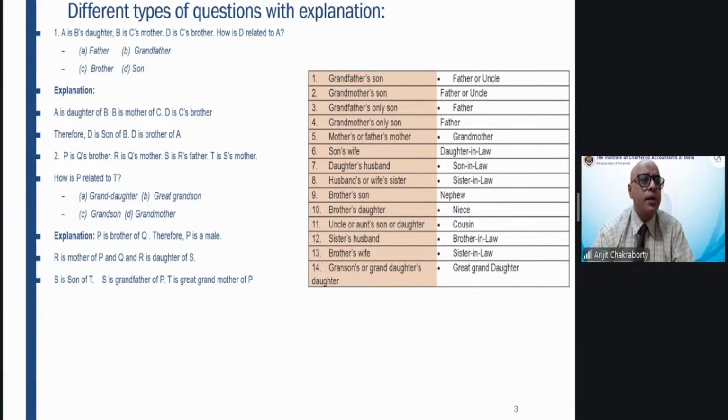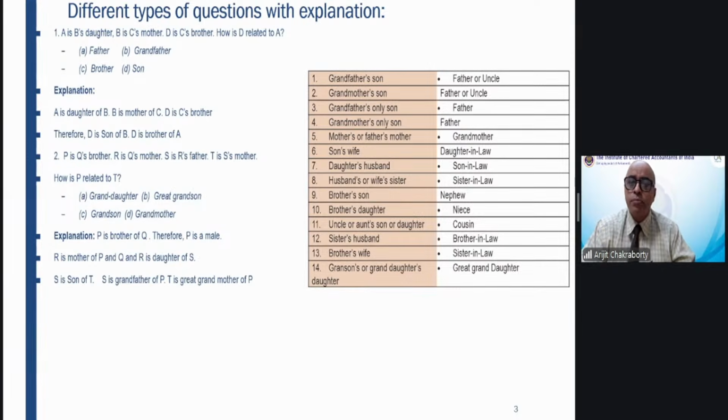Just like the earlier sessions, for example, when we talked about coding-decoding, seating arrangement, direction test, similarly for blood relations, different statements will be given in the problem. We have to understand the meaning of each statement, the facts, and then apply our logic, draw the tree diagram wherever applicable, and then identify the relationship between the individuals.